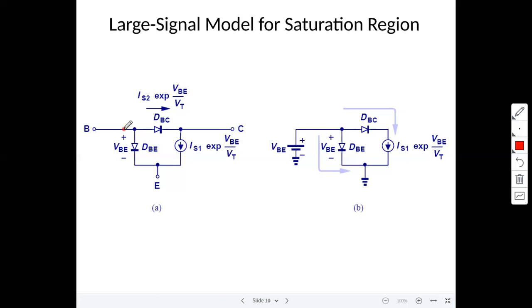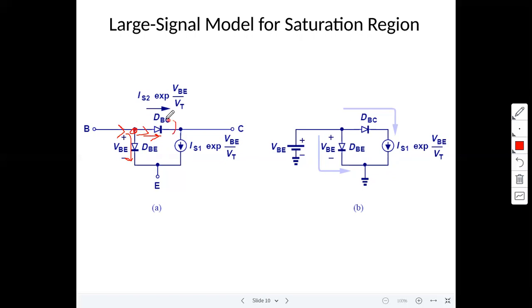Observe here, apply KCL at this node. What is IB? IB is equal to this due to this path, due to this path also. So that IB current increases. Apply KCL at this node here. What is IB?